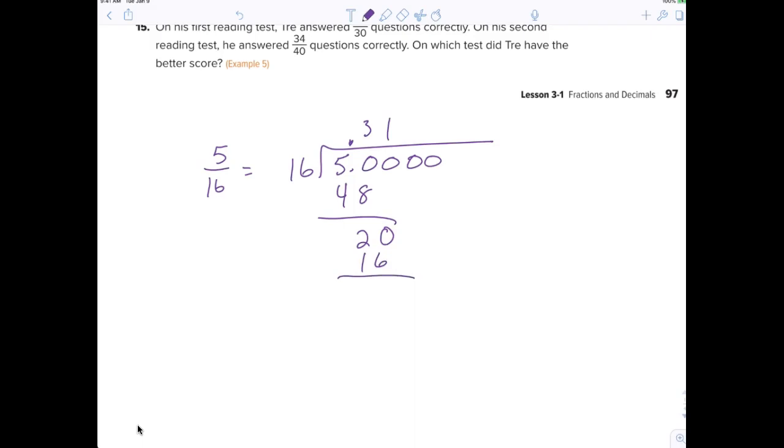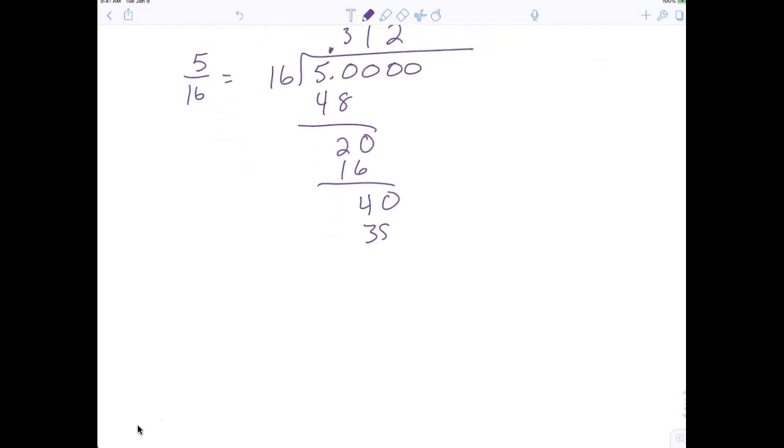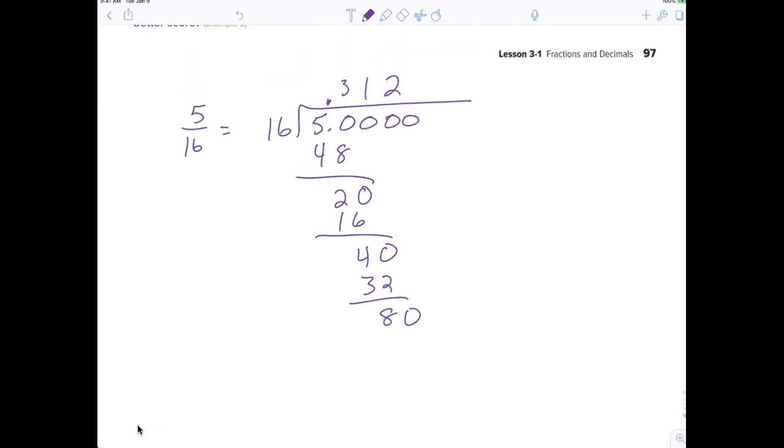Subtract and get what? Bring down a 0. 16 goes into 40 twice. And then subtract and I get, bring down a 0. 16 goes into 80 how many? 5 times. Thank you for that information.